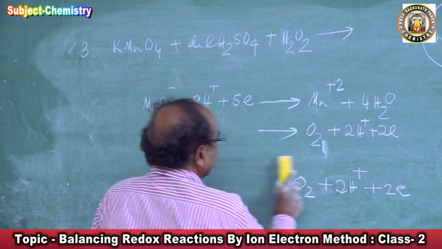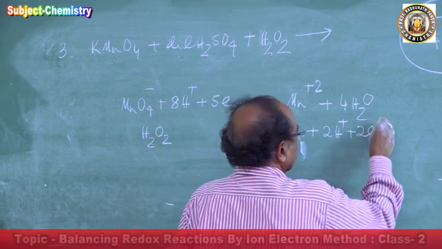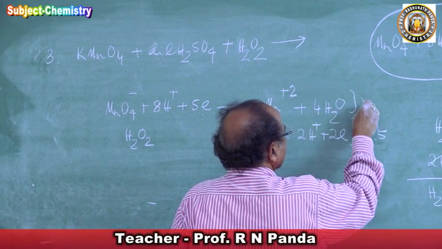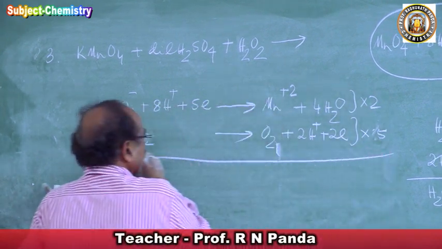Here we have 5 electrons, here we have 2 electrons. We'll multiply this by 5 and this by 2 and add up.